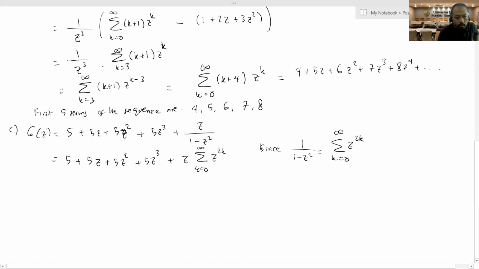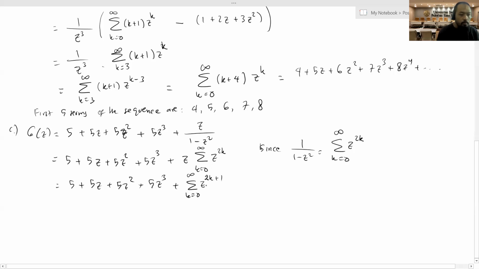From here we get that this is equal to this plus sum of k from 0 to infinity z to the power of 2k plus 1.